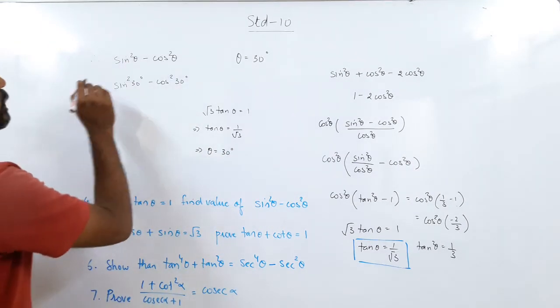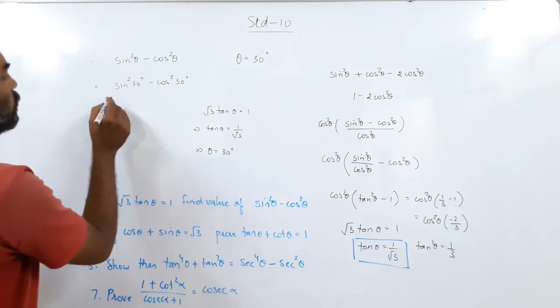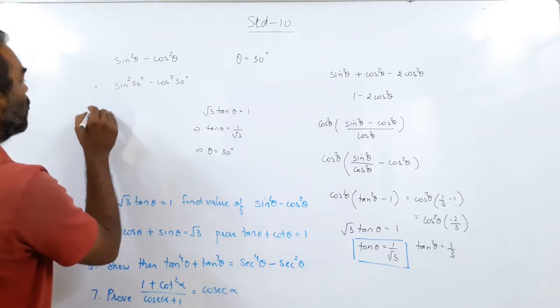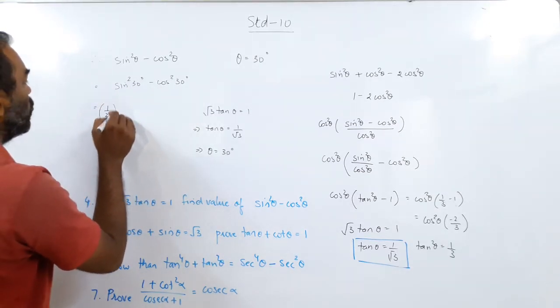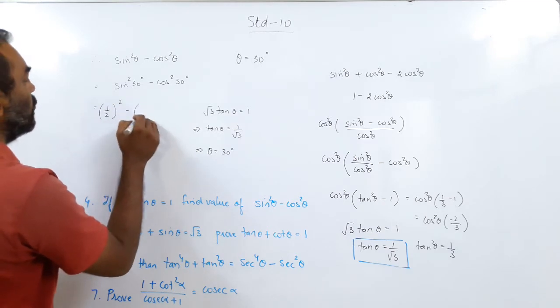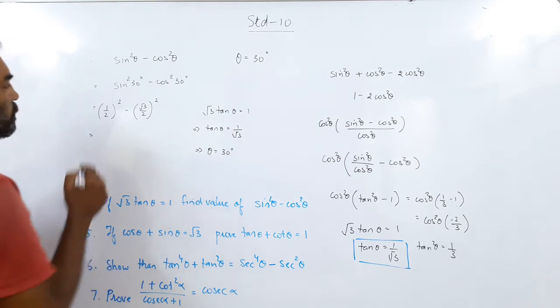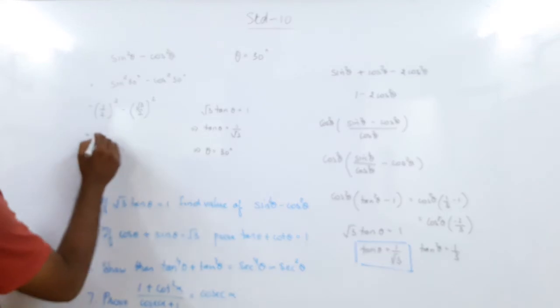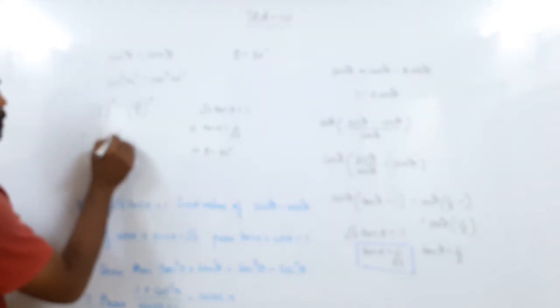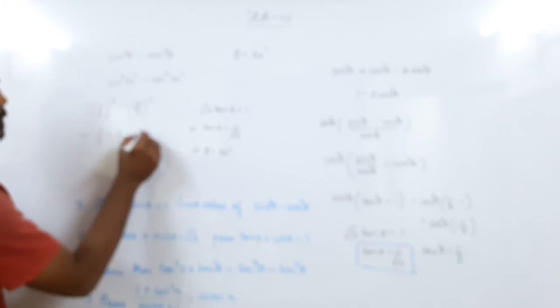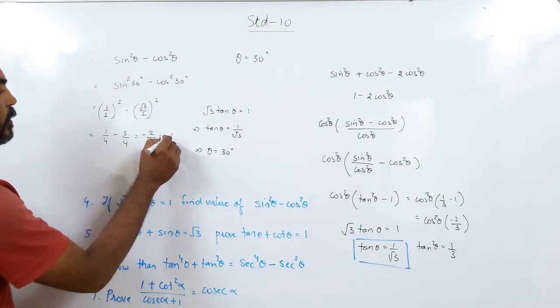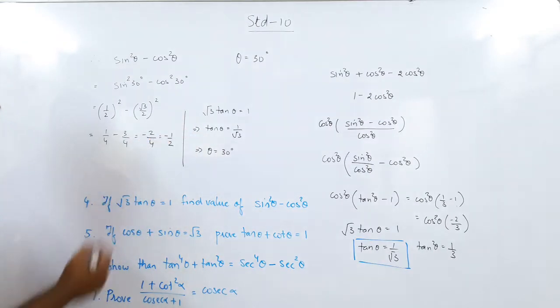Therefore, sin square theta minus cos square theta equal to sin square 30 minus cos square 30 equal to 1 by 2 the whole square minus root 3 by 2 the whole square, which gives us 1 by 4 minus 3 by 4, which is minus 2 by 4, equal to minus 1 by 2.